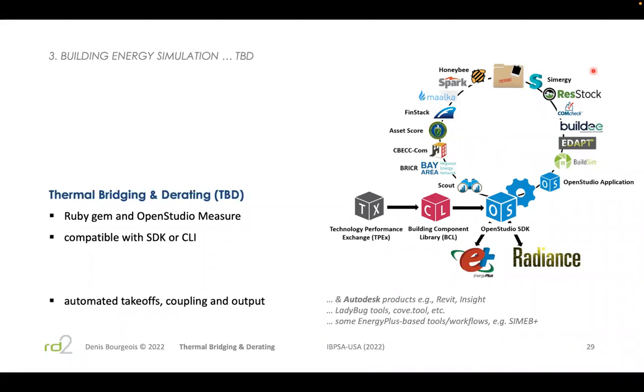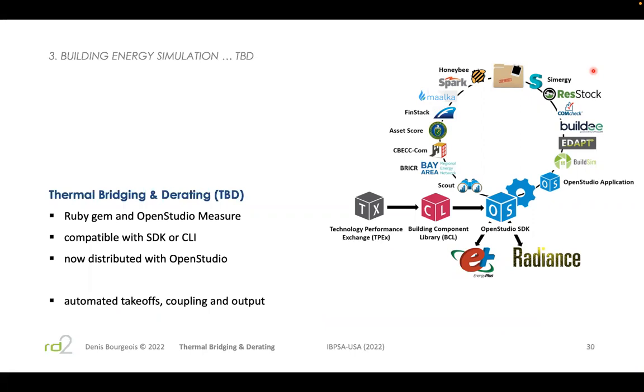One example that we're working with is Hydro-Québec with their EnergyPlus CIMEB Plus software. That's not released yet, but they will be integrating TBD as a behind-the-scenes library. TBD is now distributed with OpenStudio. From version 3.5, the gem is included.